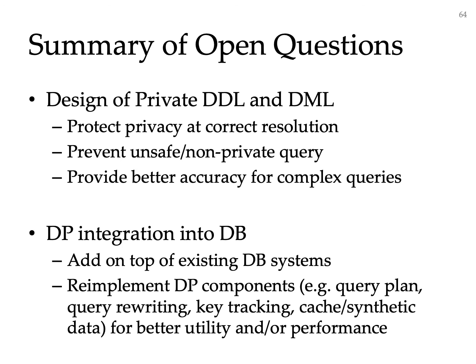The first open question is how to design a private data definition and private data manipulation language. More specifically, how to protect privacy at the correct resolution, how to prevent unsafe and non-private queries from being executed, and how to provide better accuracy for complex queries.